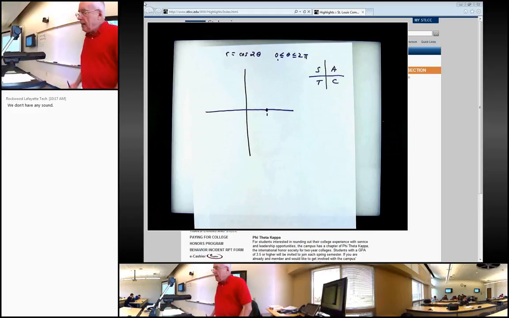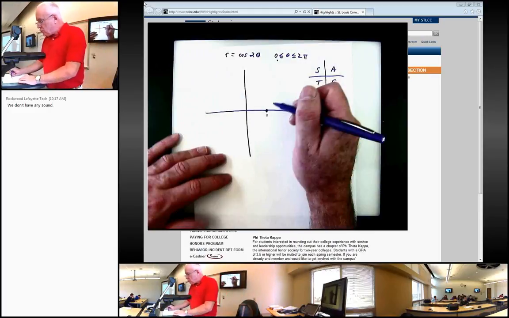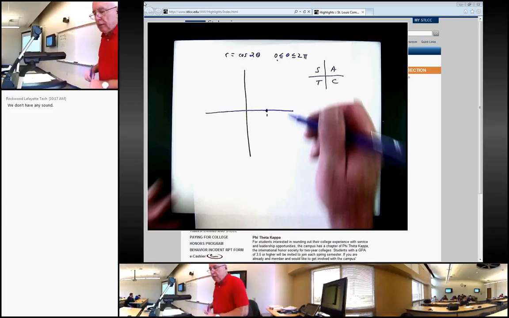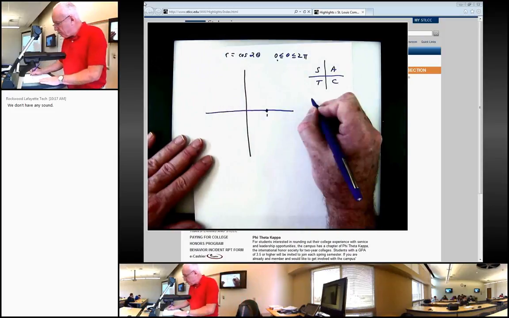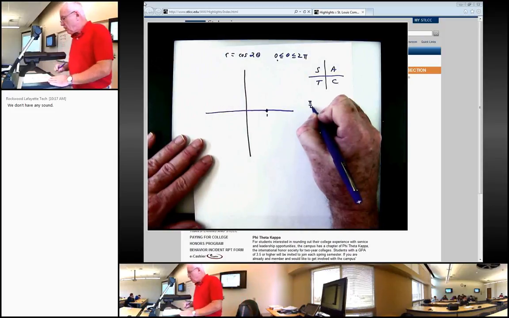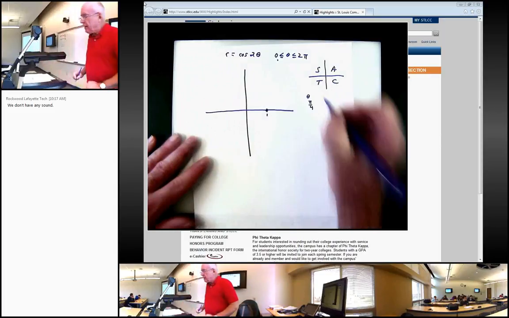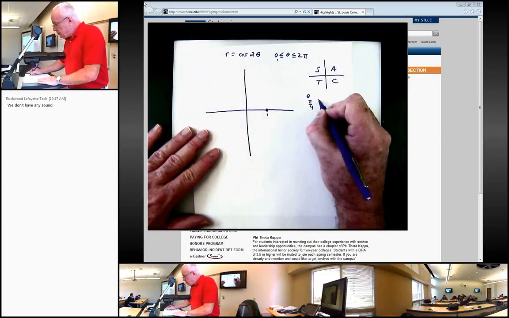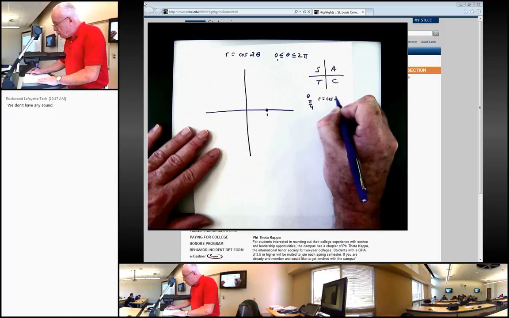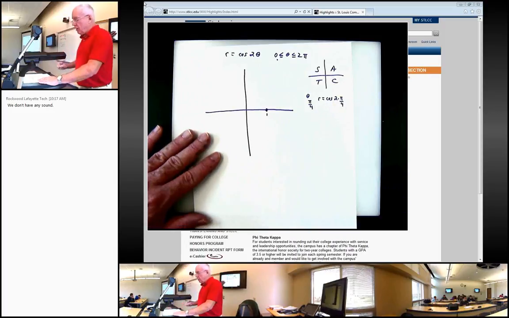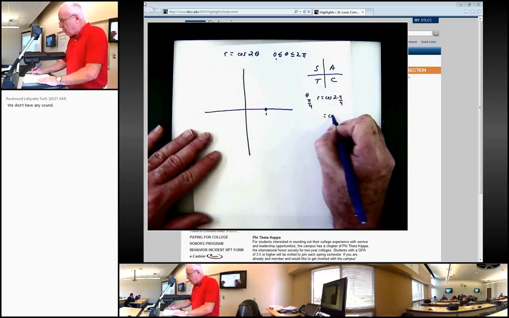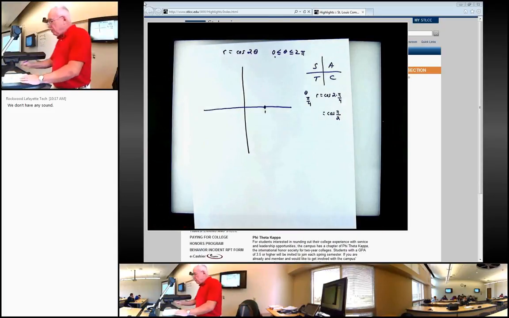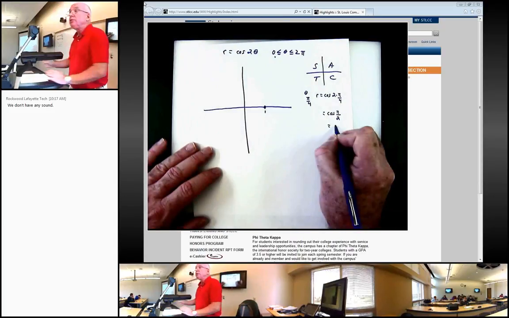Okay. Now, as we go, let's just look at the next point here, pi over 4. Okay, so that's the theta I want to look at next. So when theta is pi over 4, r is equal to the cosine of 2 times pi over 4, which is the cosine of pi over 2. The 2's cancel out there, and we know that the cosine of pi over 2 is 0.